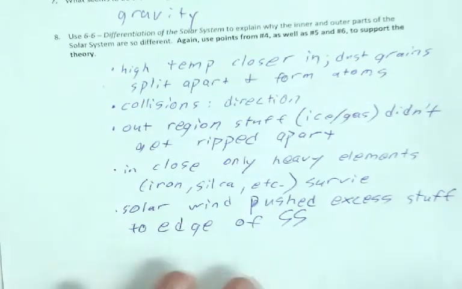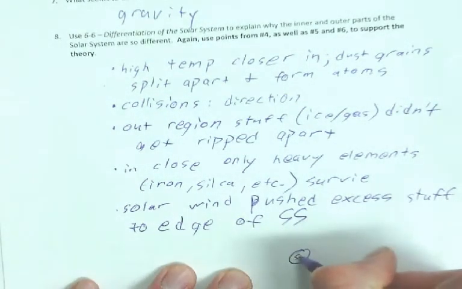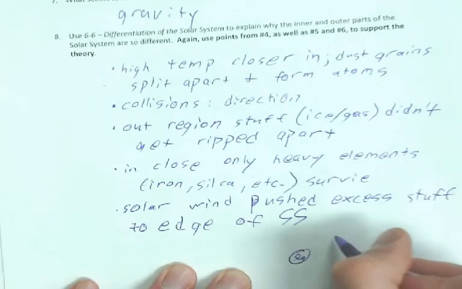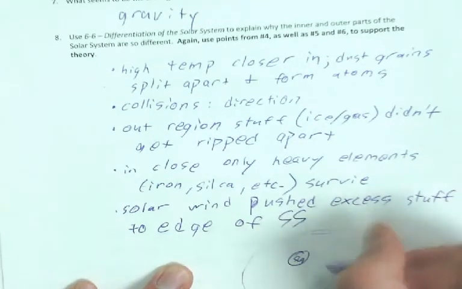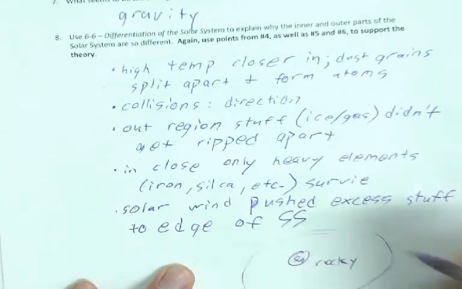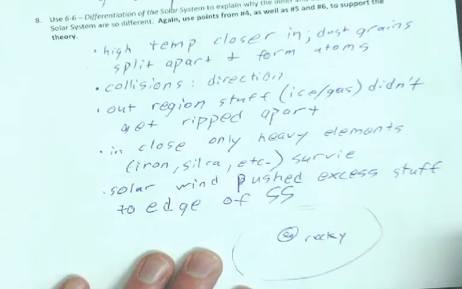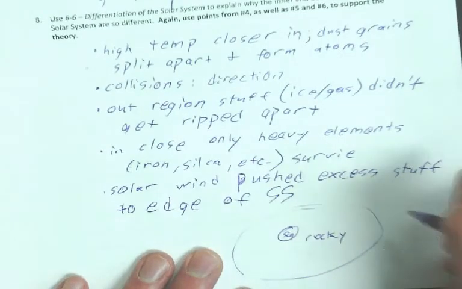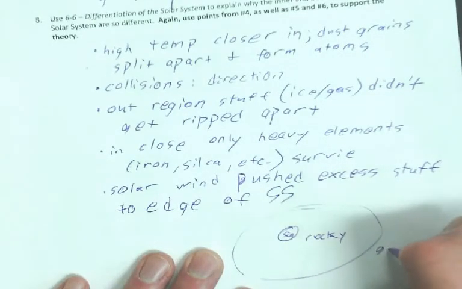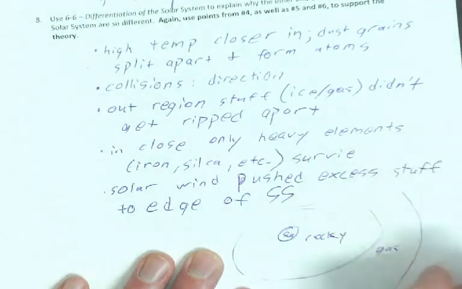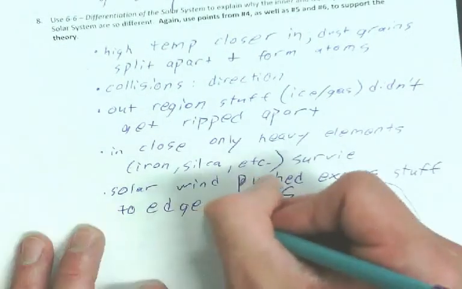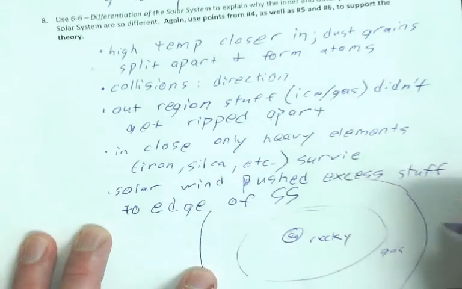We get this region: the sun in the middle, then this region in here, your rocky, heavy stuff. That stuff was heavy enough not to get pushed all the way out of the solar system when the sun started fusion. After that, you get the gassy stuff, which survived out in that region where the temperature was. And then really far out, you have the icy stuff.